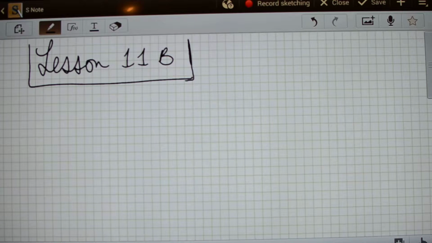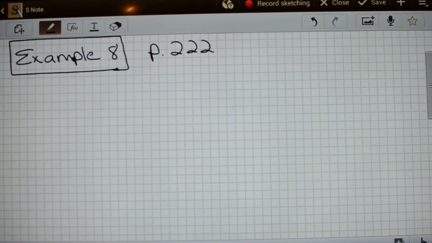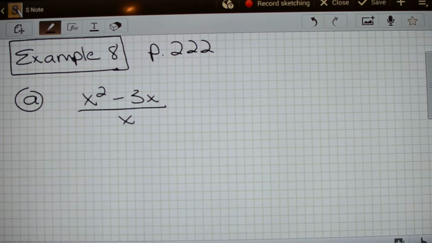So example 8 is on page 222, and it says simplify by factorizing. So these are the cool ones. I love these because stuff goes away. It's really nice. You'll see it's kind of fun because stuff just goes bye-bye and you don't have to worry about it. It makes life very easy.